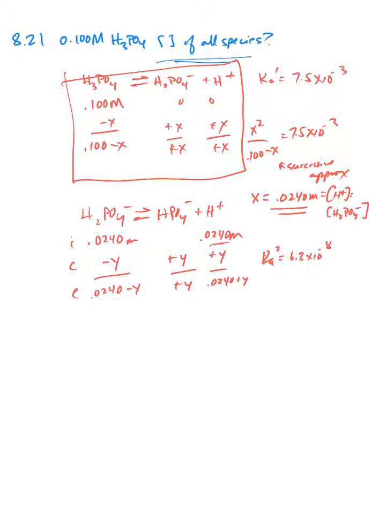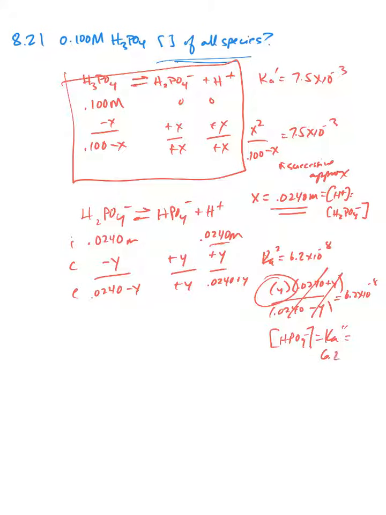In this case, we're going to get y times 0.0240 plus y over 0.0240 minus y is equal to the Ka2. If we make the assumption that y is small here, you can see that the concentration of the hydrogen phosphate is exactly what the Ka2 is: 6.2 times 10 to the minus 8 molar. Okay?